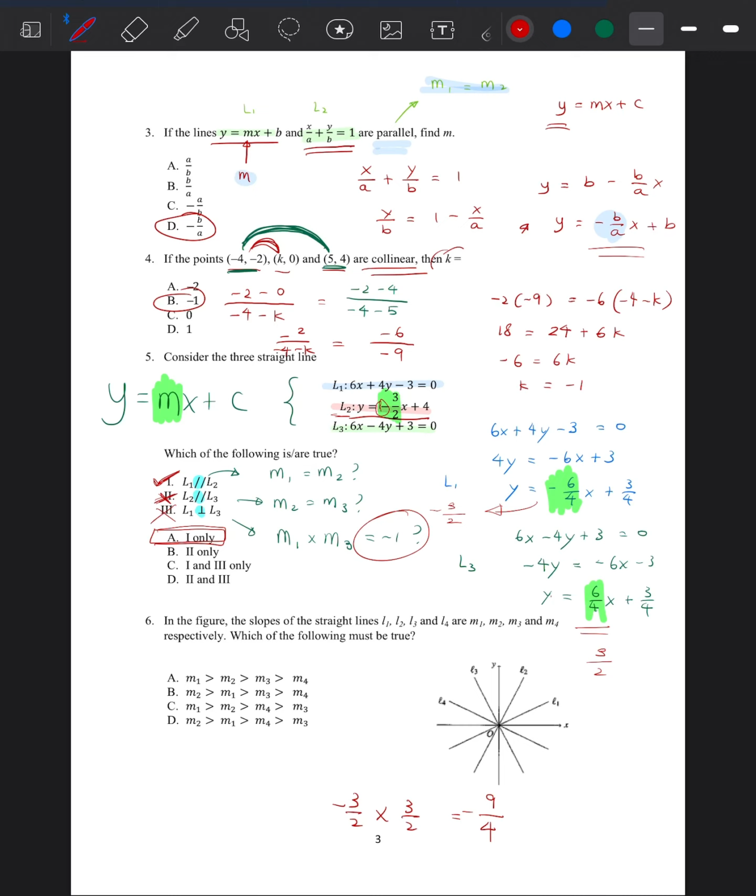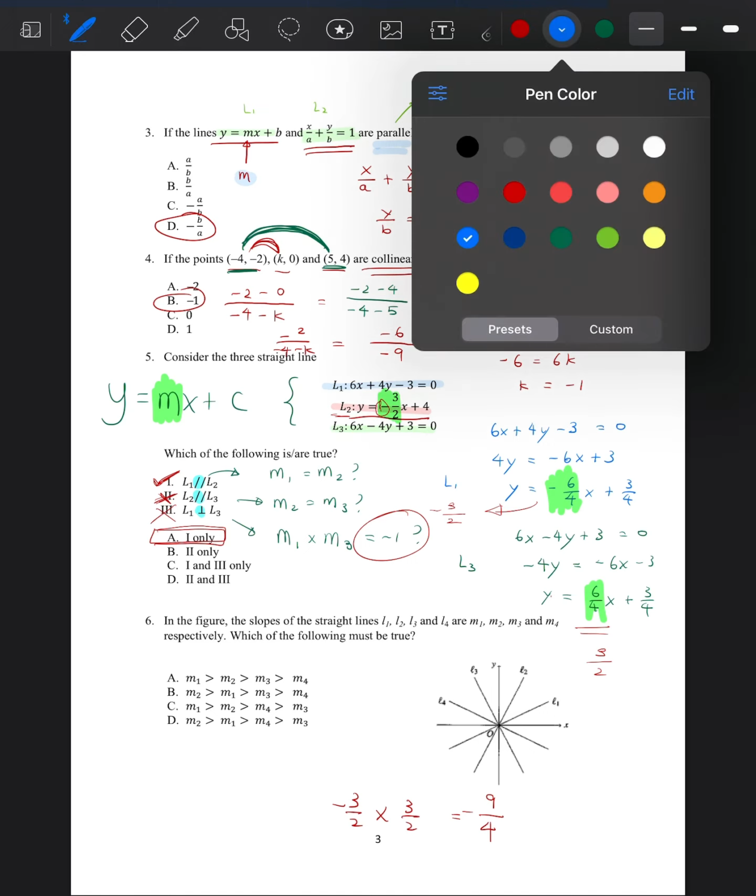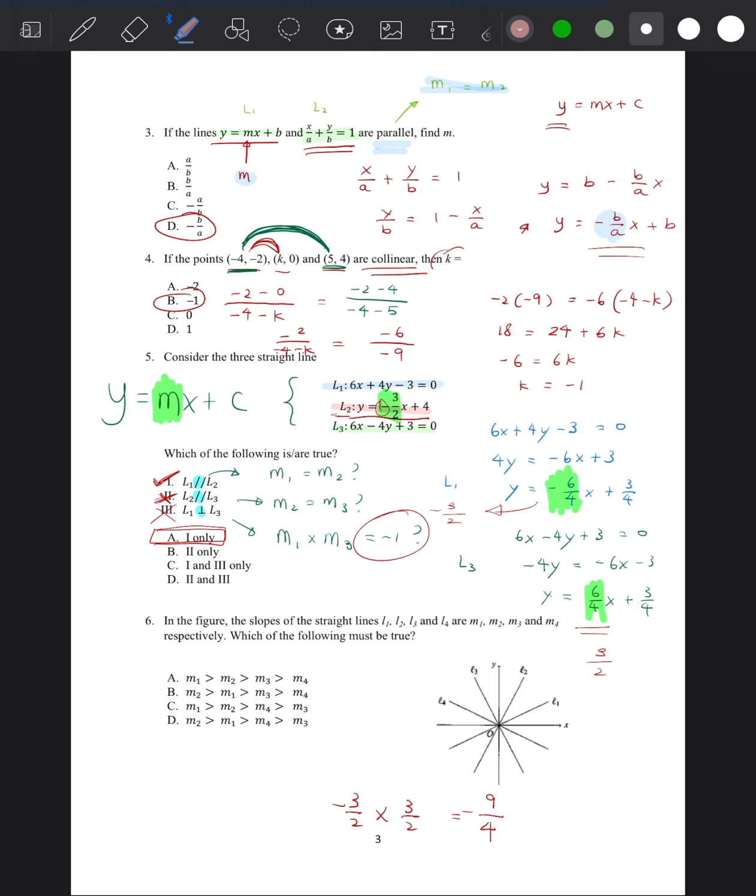So the last one, we see this here a lot. So we just have to look at them carefully. L2 and L1, you can see that they are positive gradients. And this part here, L3 and L4, you can see that the way they draw it, it is a negative gradient.